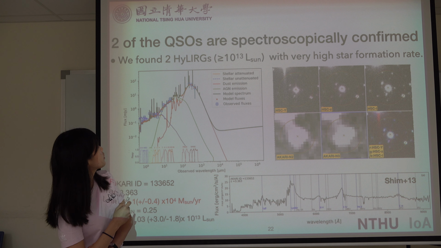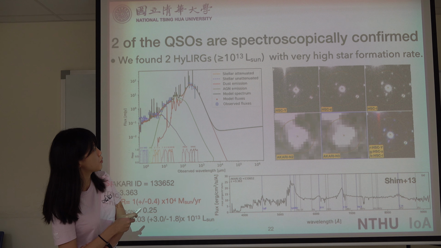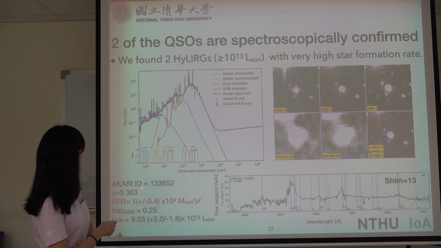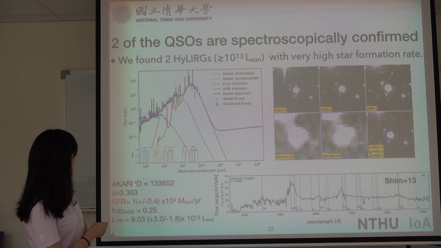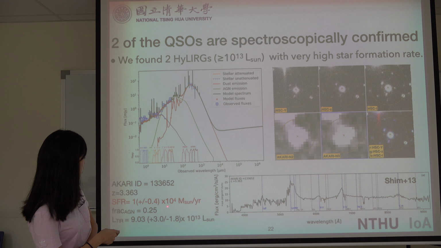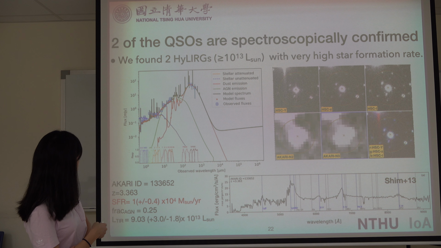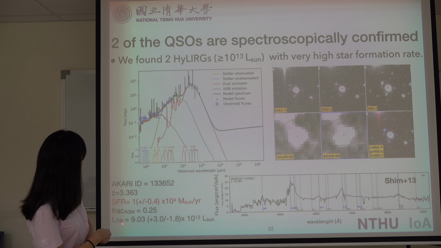And another thing is that we found two HyLIRGs with very high star formation rate. This is one example. For this source, the redshift is around 3.36, and the star formation rate is 10 to the fourth. The AGN contribution is 0.25.